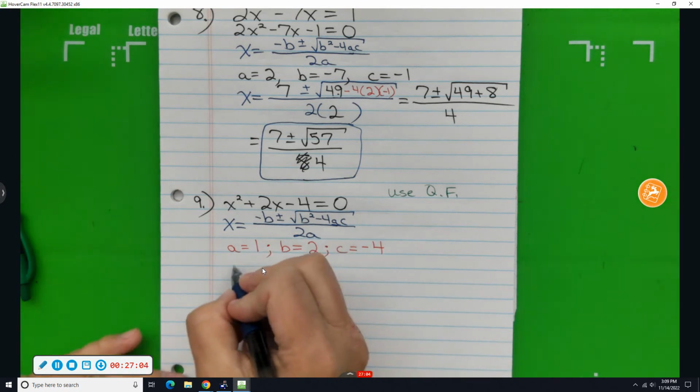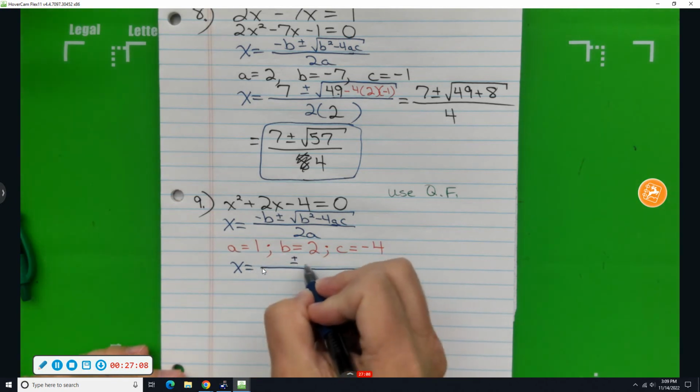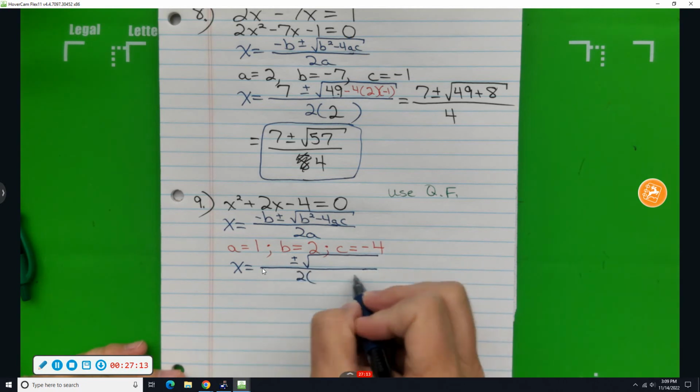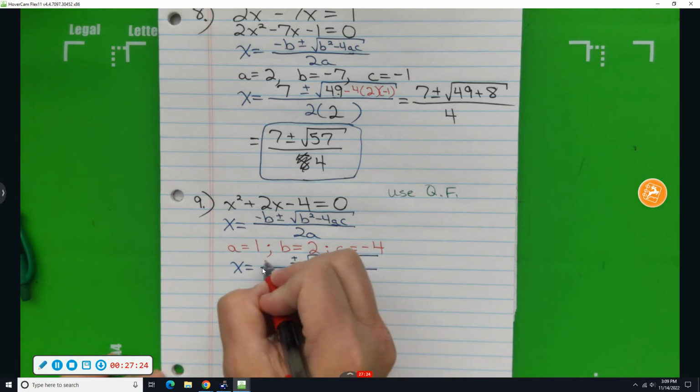So, substituting into the quadratic formula, the negative of b, the negative of positive 2, is a negative 2.